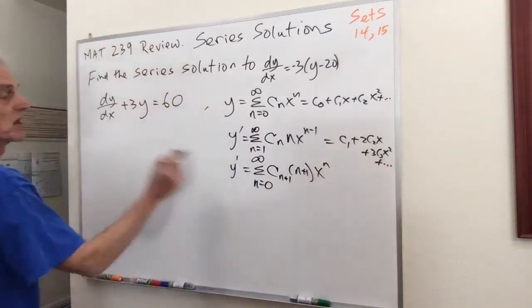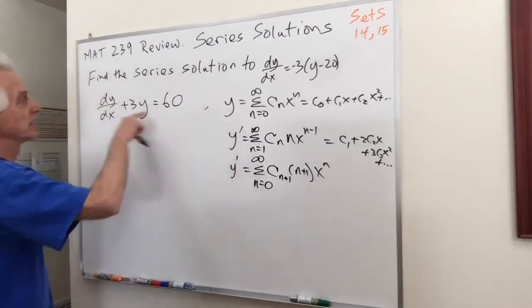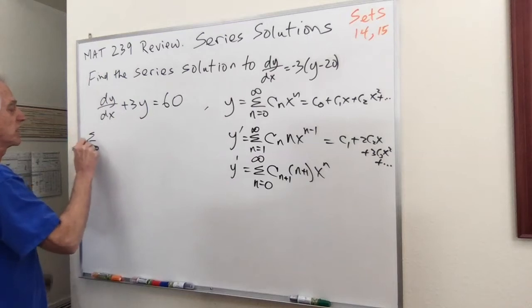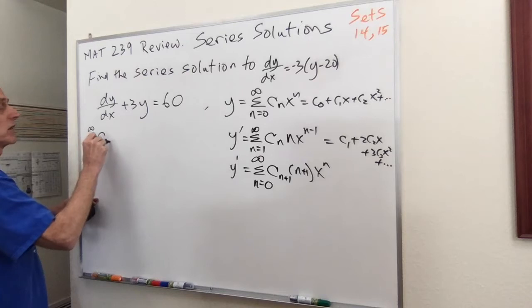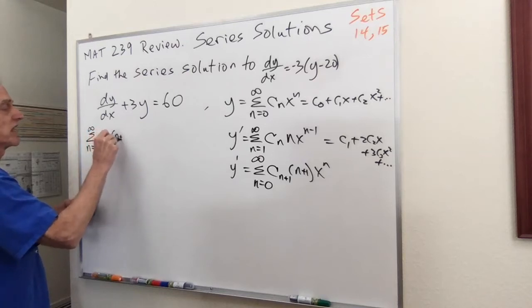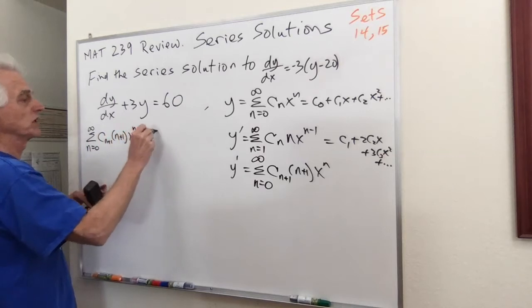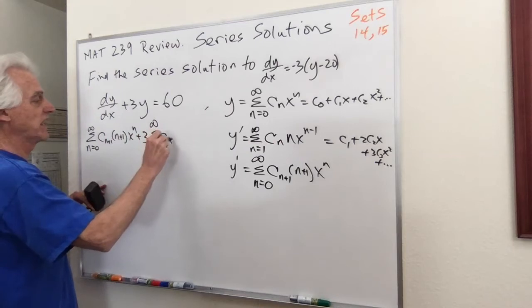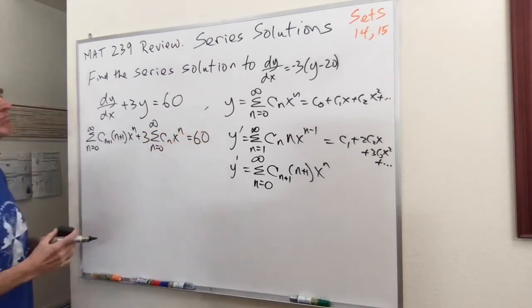Okay, so let's just plug this form and that form into here. So we get sum from n equals 0 to infinity, c sub n plus 1 times n plus 1 x to the n, plus 3 times sum from n equals 0 to infinity, cn x to the n, is 60. Okay?